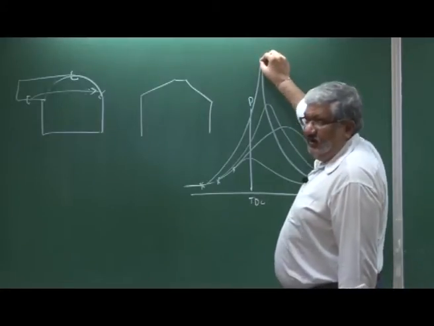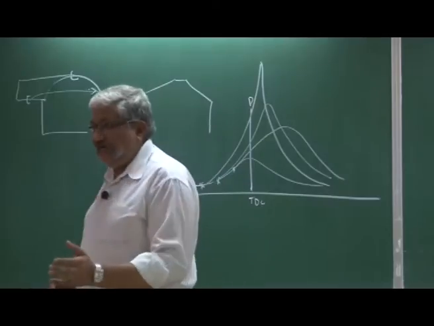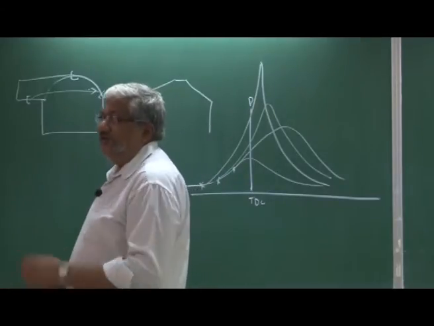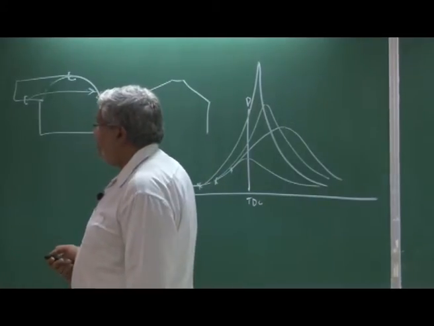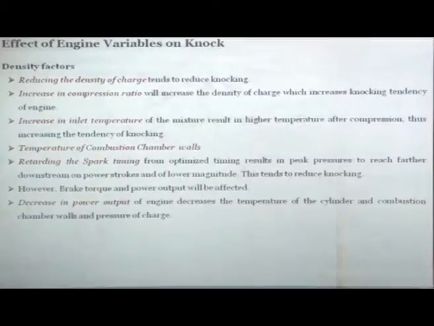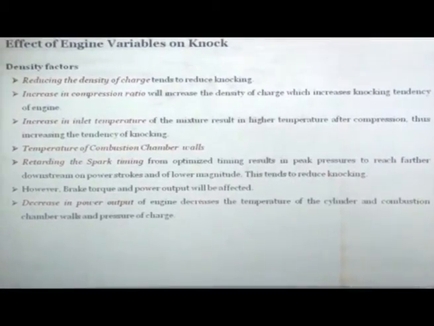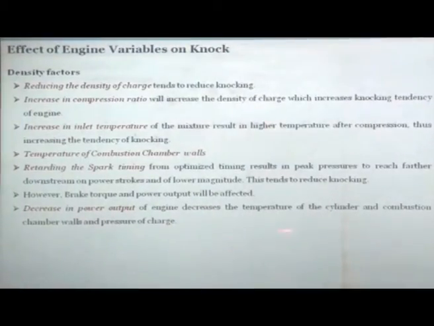So higher pressure, higher temperature. So that's why if you retard the spark timing, you will have lower tendency of knocking. Brake torque and power output: if you retard the spark timing, you can reduce the knocking, but then the torque and power output will be the cost that you have to pay.